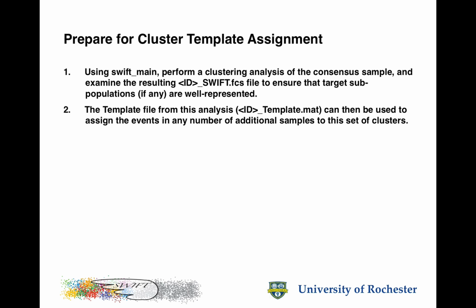This template is very important because you're going to use this one template to analyze the rest of the experiment, so you want to be sure that it's a satisfactory template. If necessary, go back, change the cluster number, or change some of the analysis parameters and rerun it until you're satisfied. So the template file from this analysis, which is going to have the experimental name plus template.mat, can then be used to assign the events in any number of additional samples to the same set of clusters.